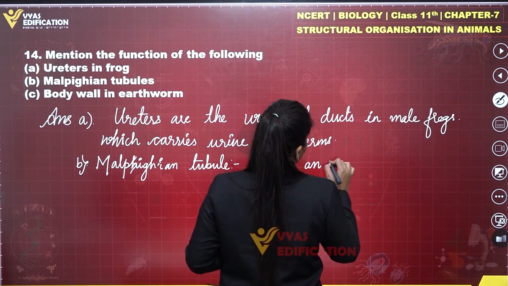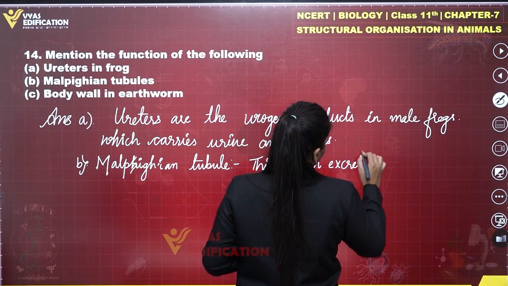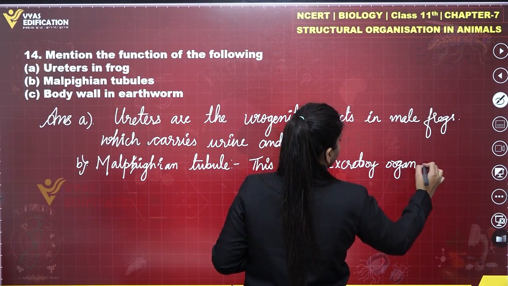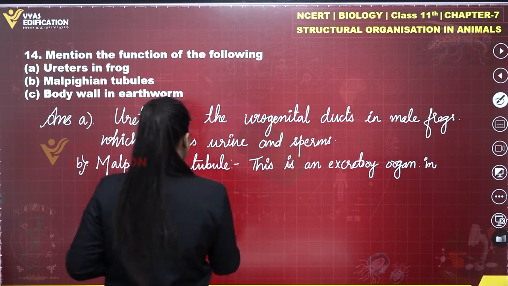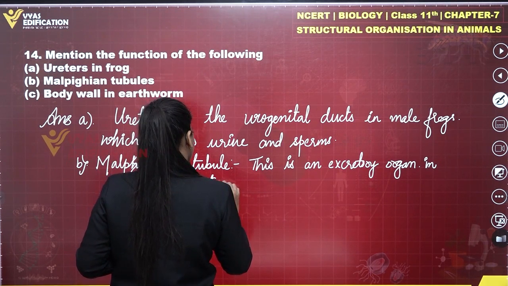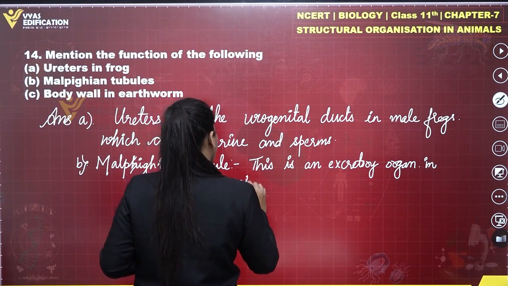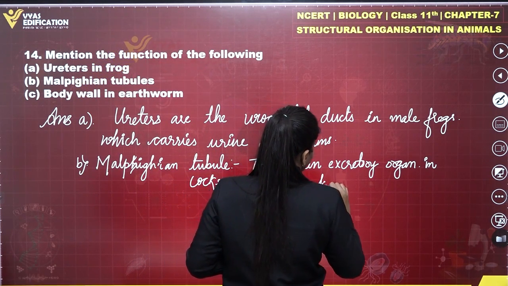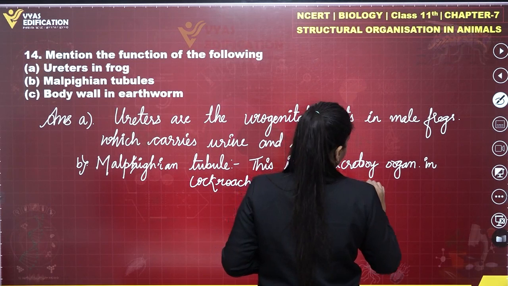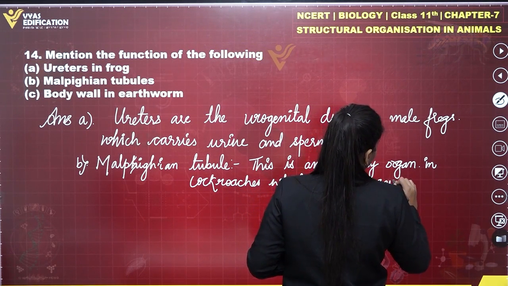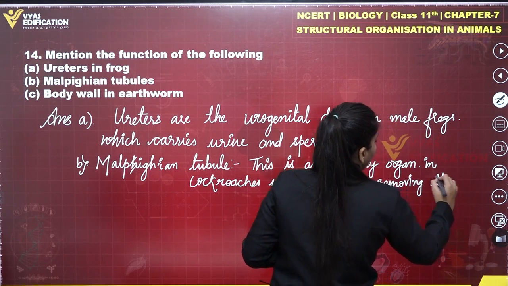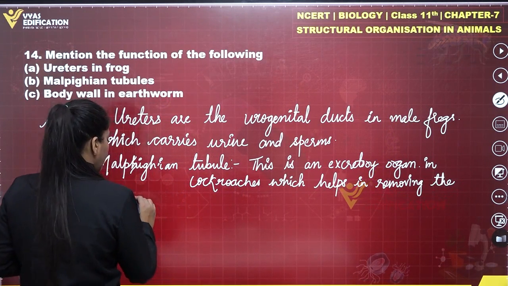This is an excretory organ in cockroaches, which helps in removing the metabolic wastes.